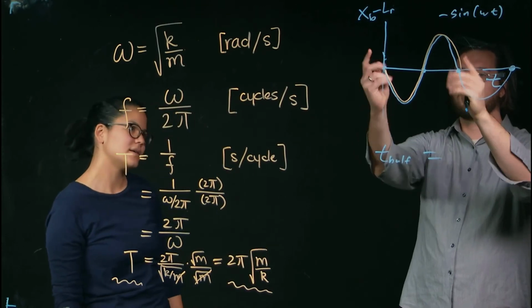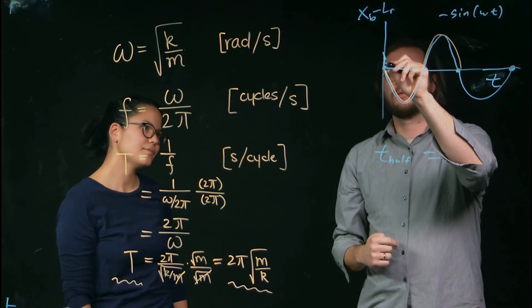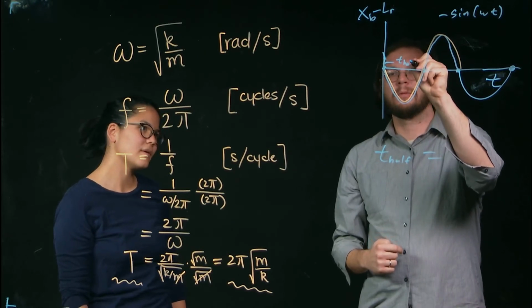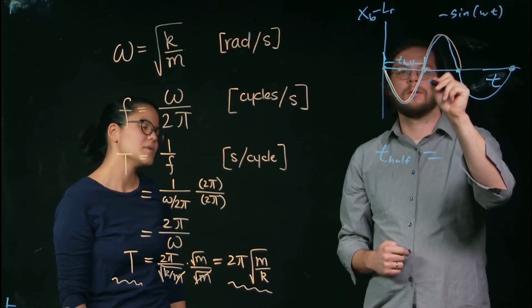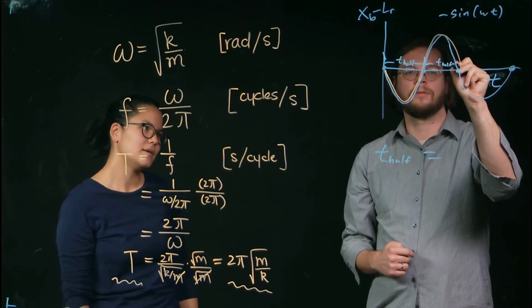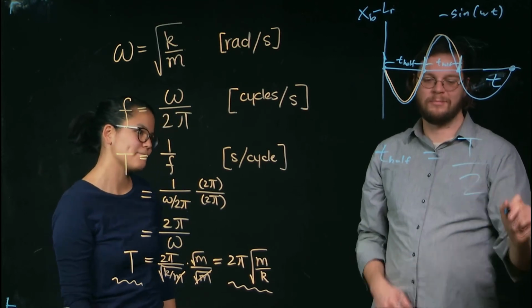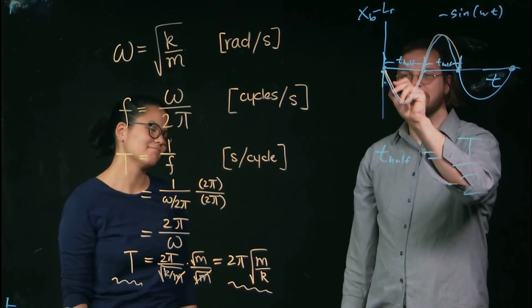I'm going to mark that as the full period. Then this is t half. Right. And then this is also t half. Okay, so this is just big T over 2, right?